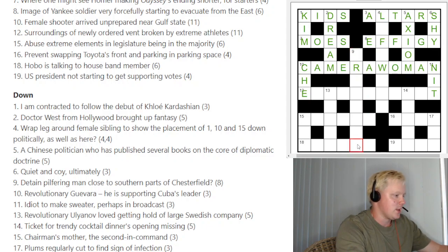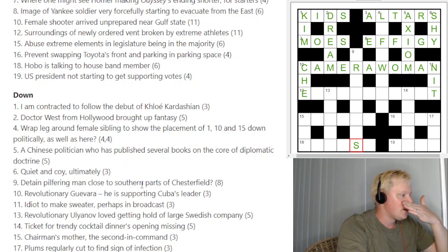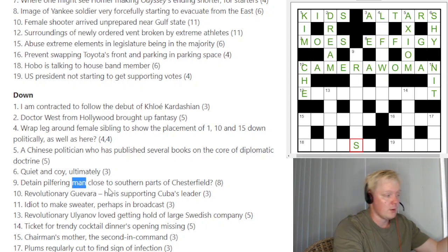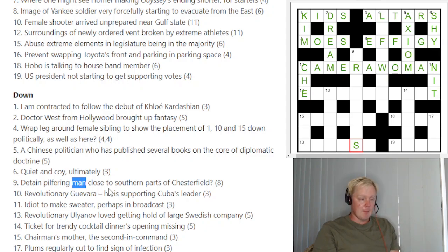So if this is S, southern, that is close to, next to something. Now man has a one letter abbreviation as well, and that is M.